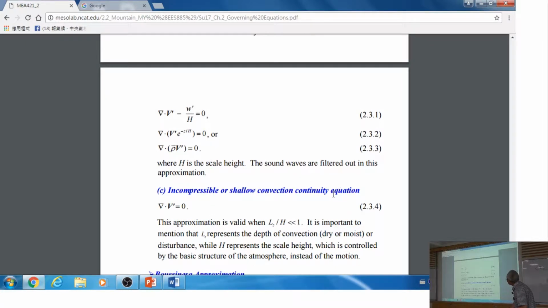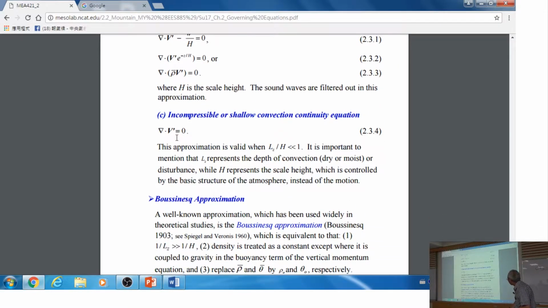I have pretty good lectures describing the other continuity equation in my dynamic meteorology course, but this is not dynamic meteorology, so I skip it, otherwise we spend too much time on those basics. The other one is del dot v prime equals 0. Basically what we have is d rho dt plus rho times del dot v equals 0.